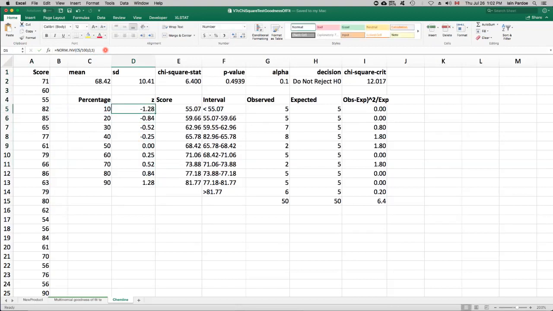And then I convert those percentiles into values that match up with the sample data.